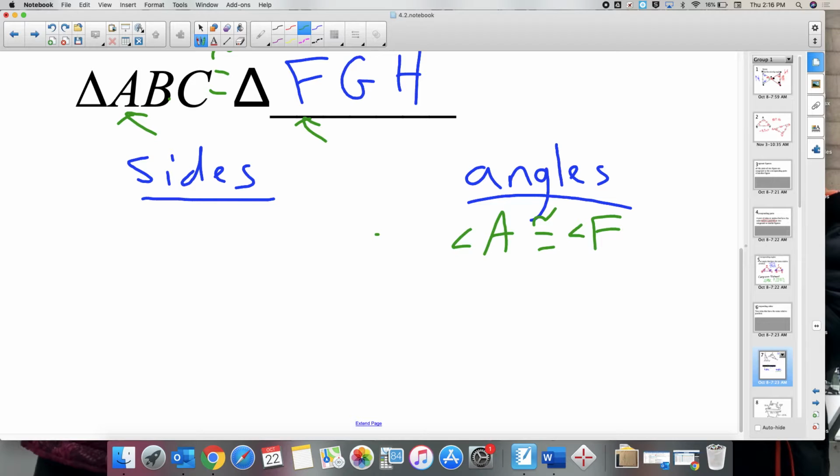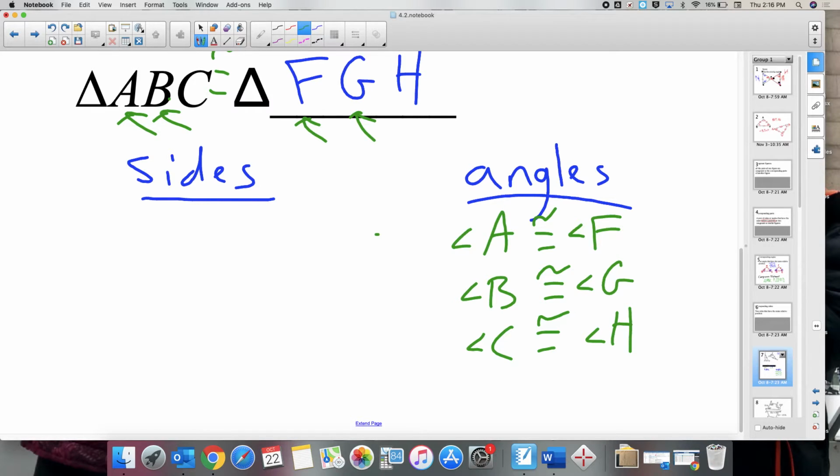Angle B had a single marking on it. Angle G had the single marking on it. And if you notice, they both came second. Angle C had 2 markings on it. And angle H had 2 markings on it. And if you notice, they both came third in our statement. That order is important to us.